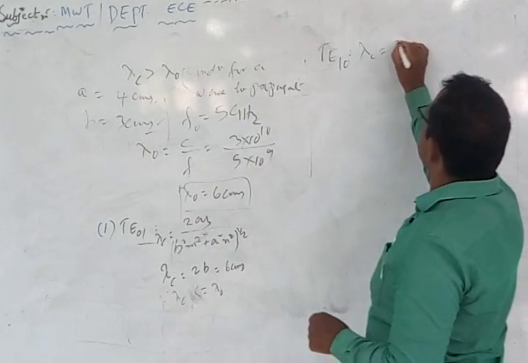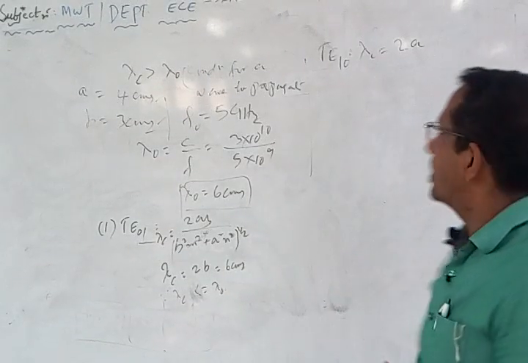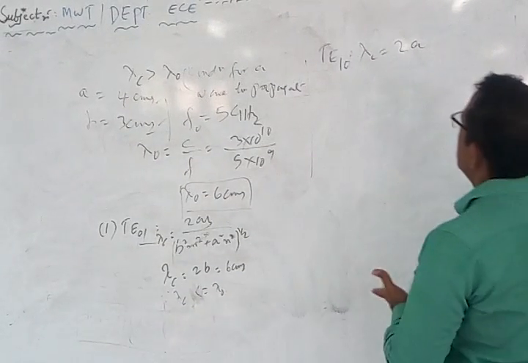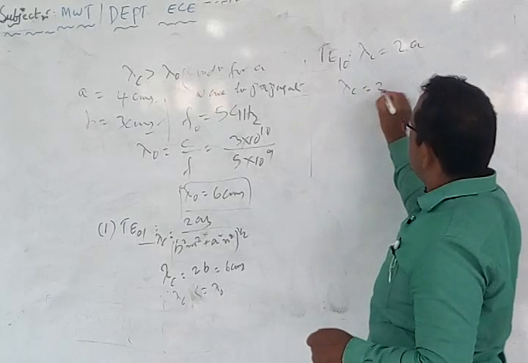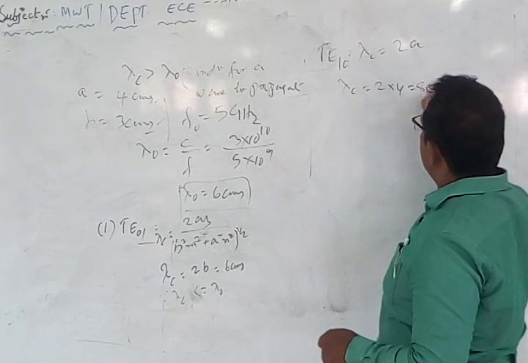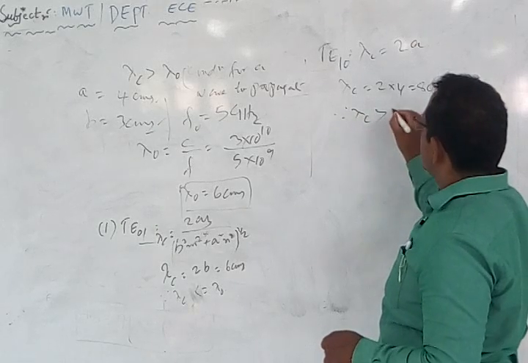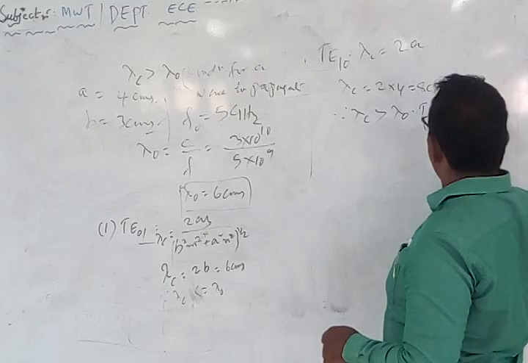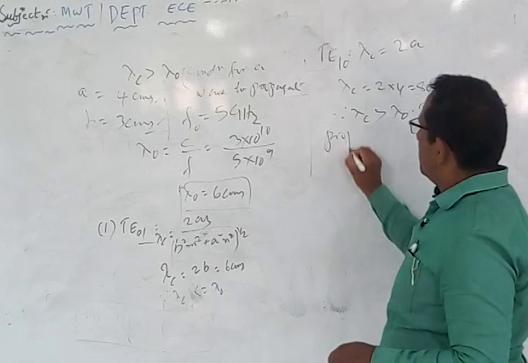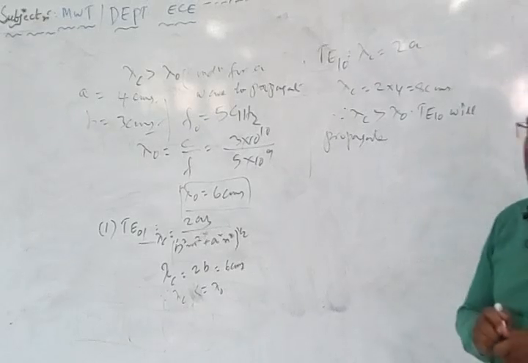So lambda c is equal to 2A for the dominant TE10 mode. A is given as 4, so I get 8 centimeters. Since lambda c is greater than lambda naught, the TE10 mode will propagate.